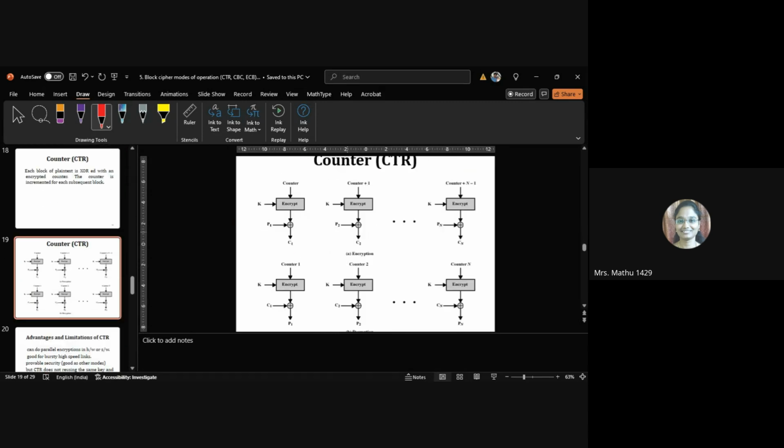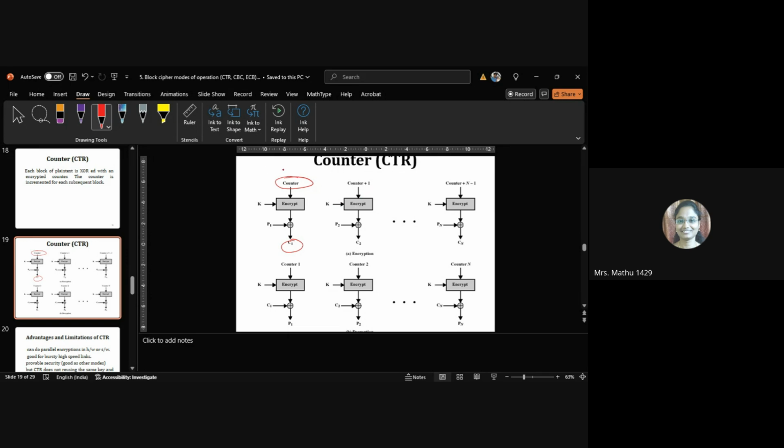So here we are going to use some counter value. Like how we have chosen some initialization vector, here also we can choose some counter value. But the difference between the cipher block chaining and counter is that there we are using the previous ciphertext in the next round also. But here we are not going to do that.